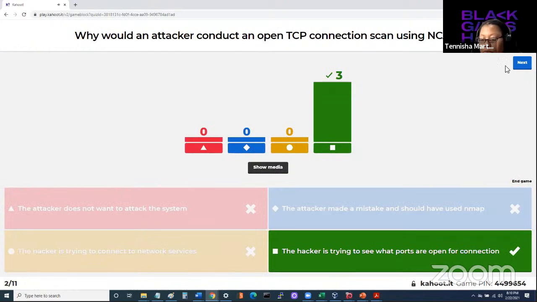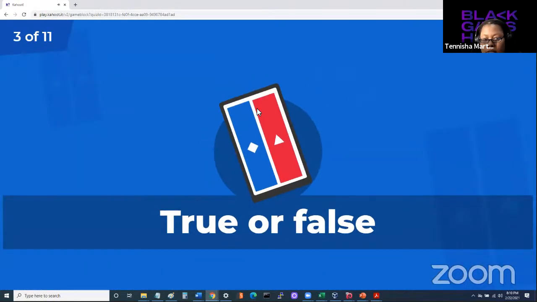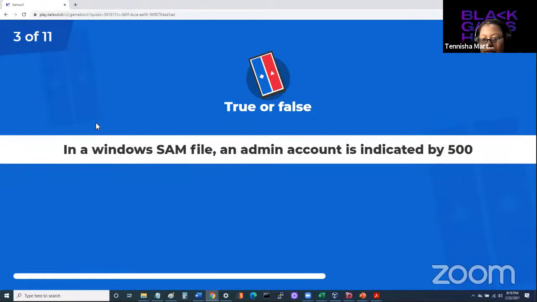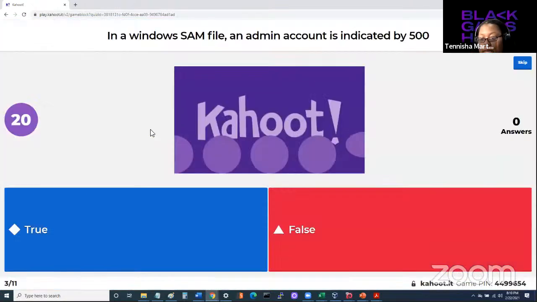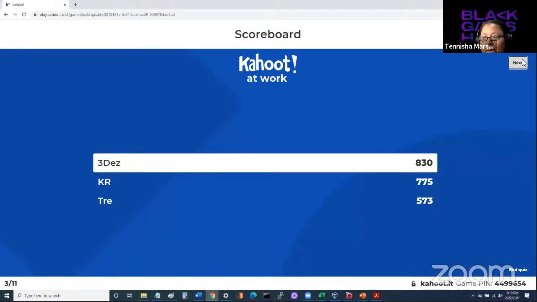Yep, the hacker's trying to see what ports are open for connection. You guys did not come to play today, huh? All right. In a Windows SAM file, an admin account is indicated by 500. Yep, too easy.